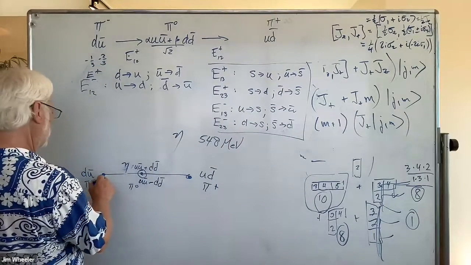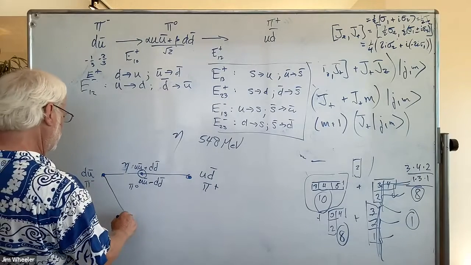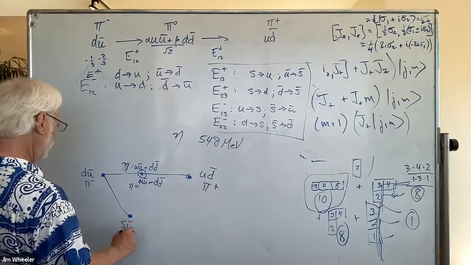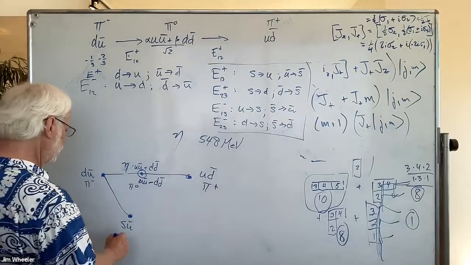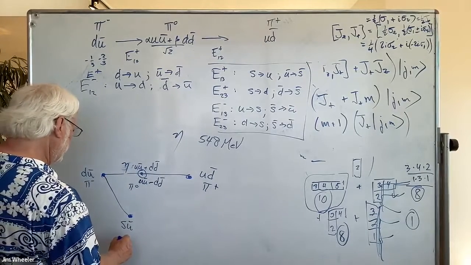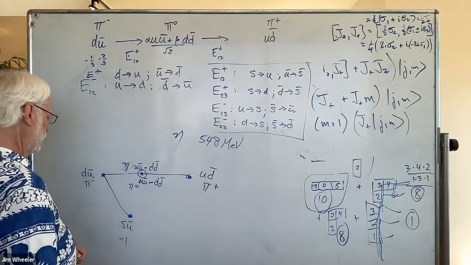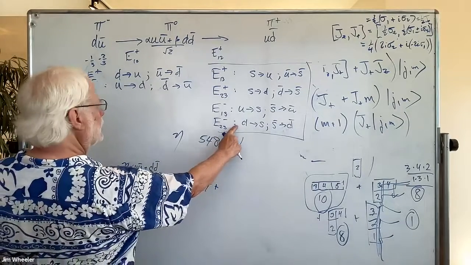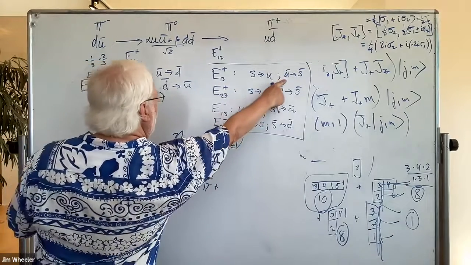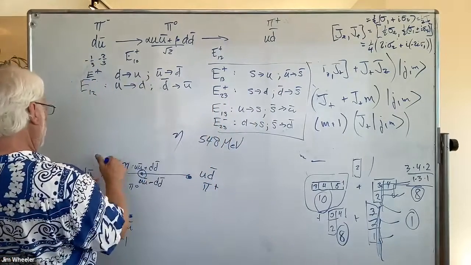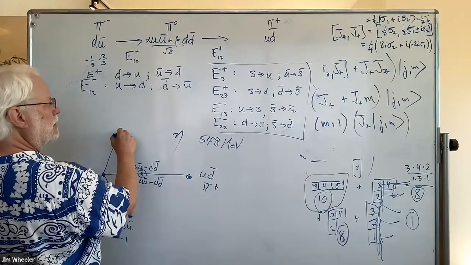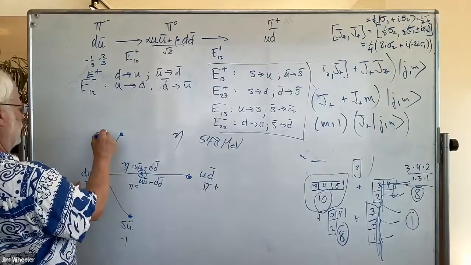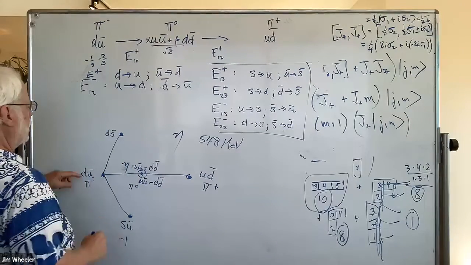So I think, let's draw that down here. That's going to be an S U bar. That's minus 2/3 minus 1. This is going to be a negatively charged something. If I act on this U bar, I can take it to an S bar. So I can come up this way and find a new state that is a D and an S bar.